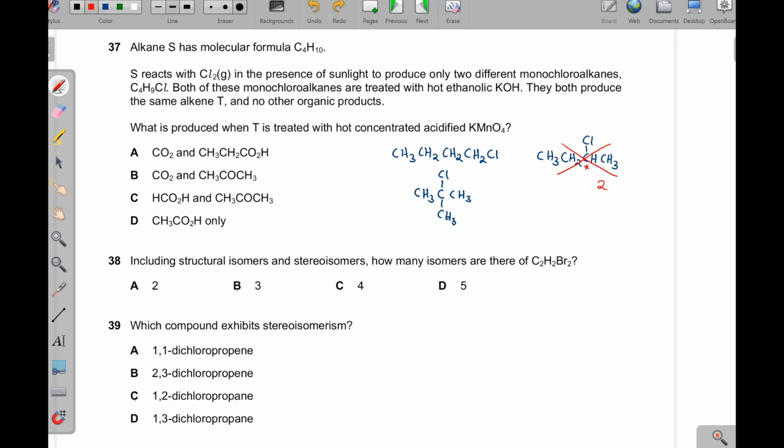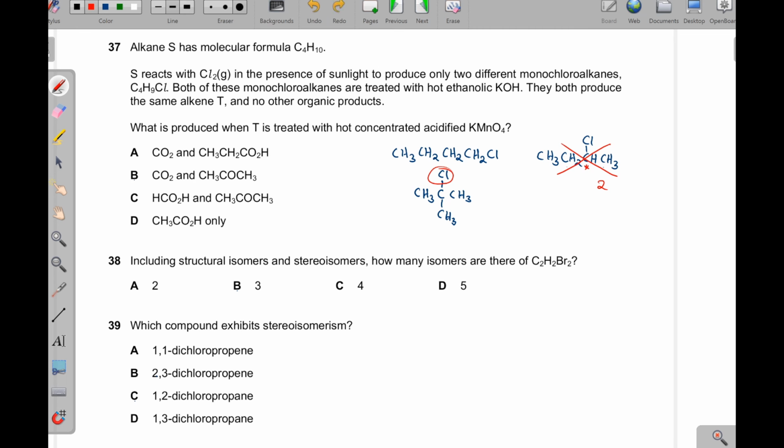Now what happens when we put hot ethanolic potassium hydroxide? This carbon that is here holding the chlorine is going to lose that chlorine, and then an adjacent carbon is going to lose a hydrogen. So suppose this one loses a hydrogen.